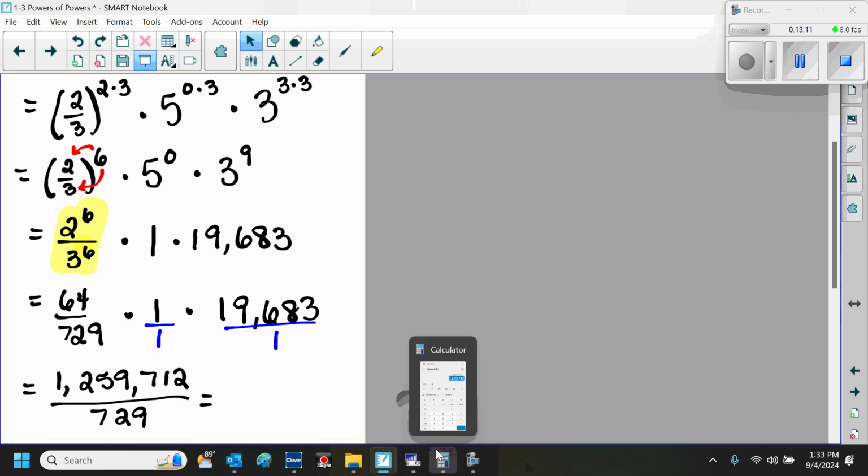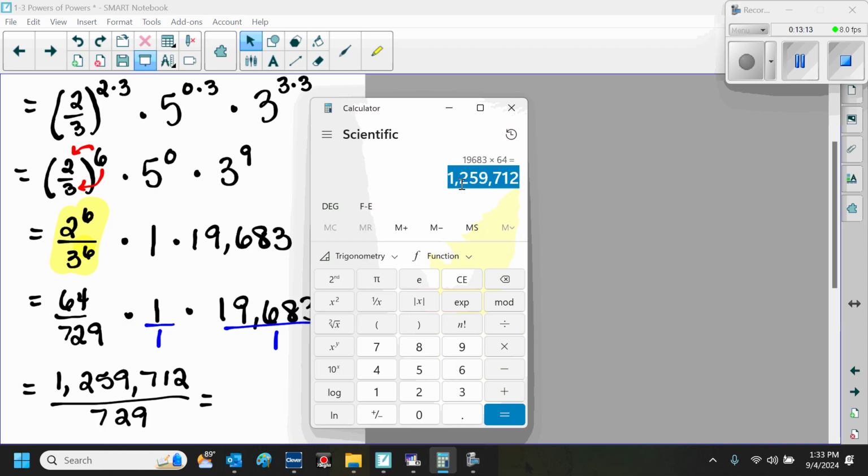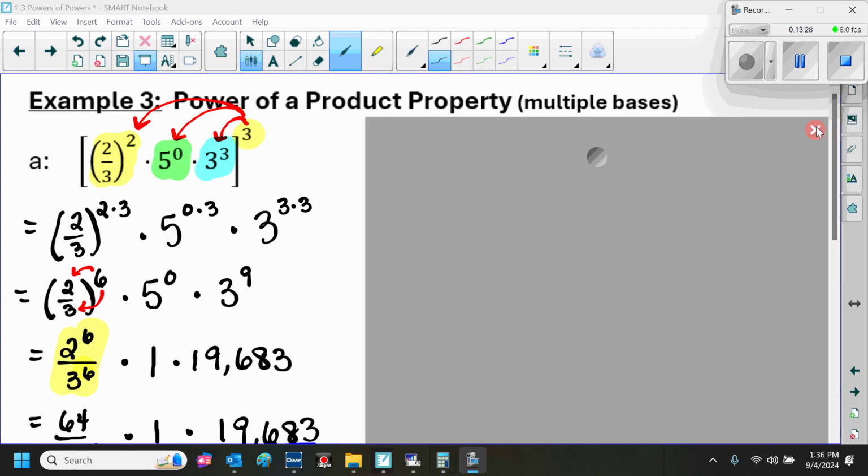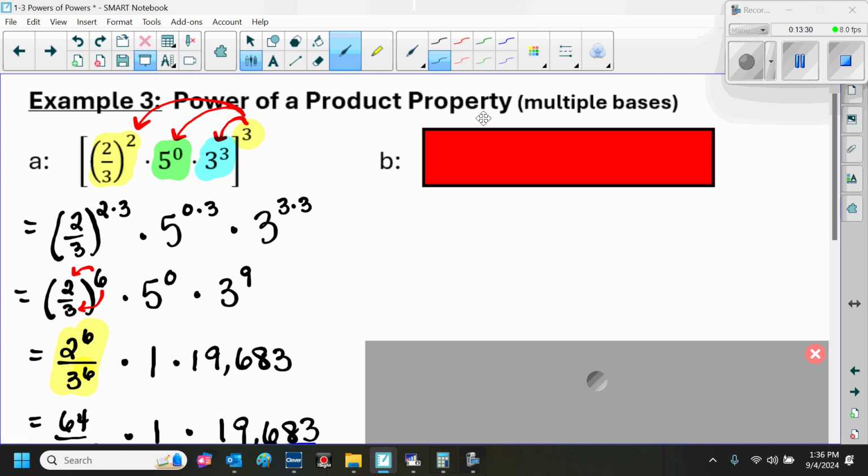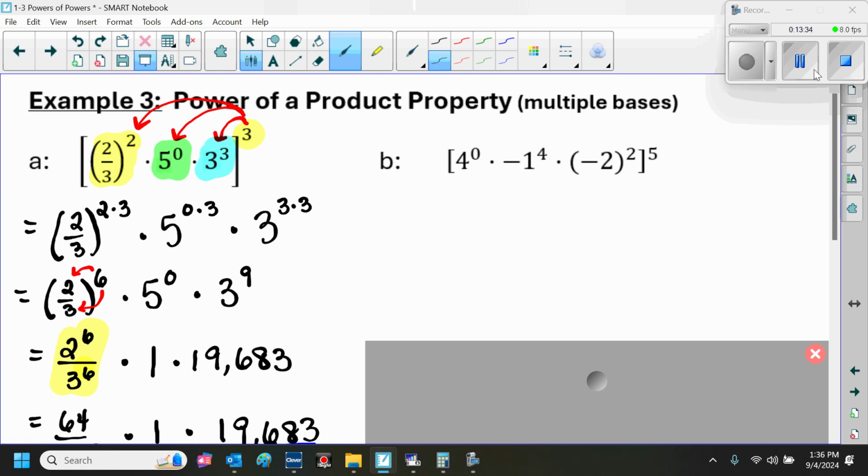So my millions right there is still in the calculator. And then we're just going to divide this, divided by 729, and this is what we get, 1,728. So now I would like for you guys to do example 3B with your table partners.